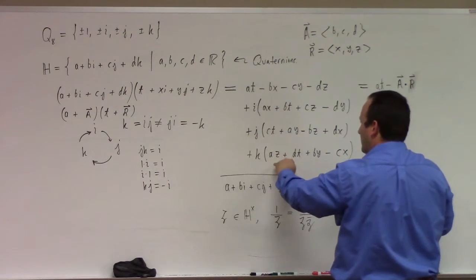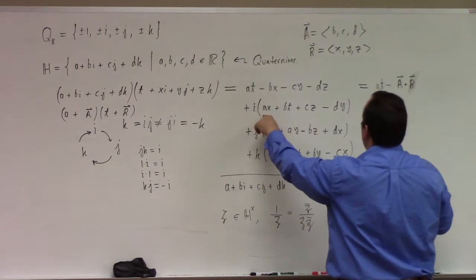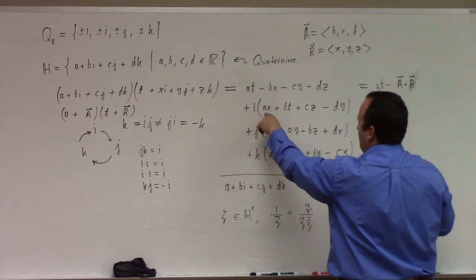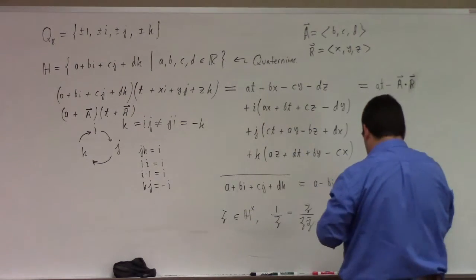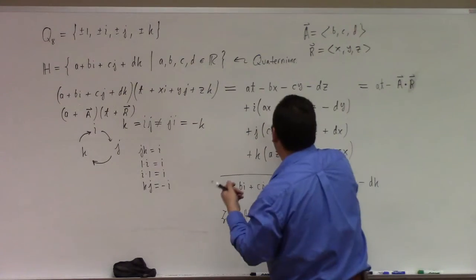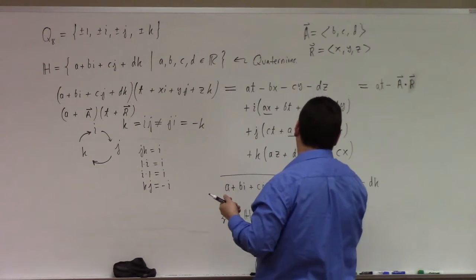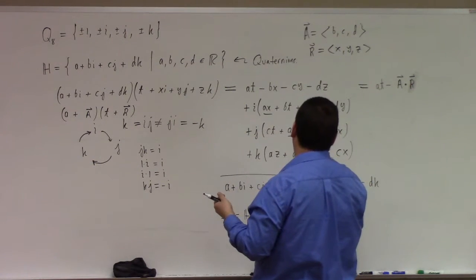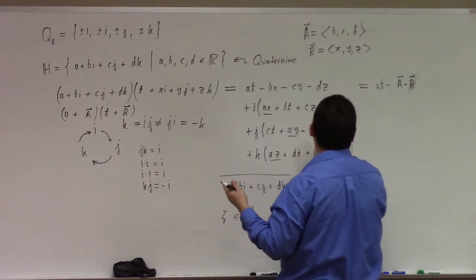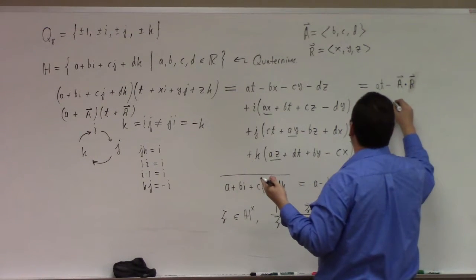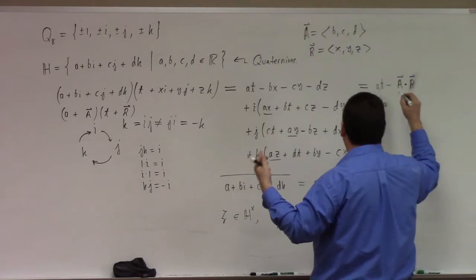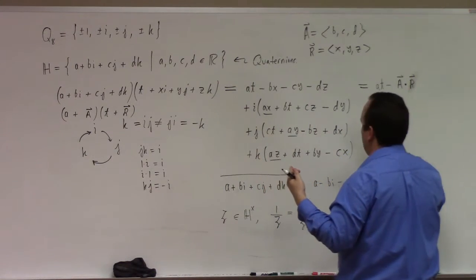And then this stuff here, you've got this guy, and this guy just gives me plus a times the r vector, right?